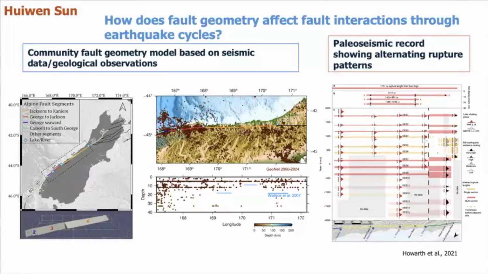Then the middle panel shows you the seismicity along strike and depth. There's also this change in the distribution of seismic activity along depth, and this area actually corresponds to this part of the fault, and this is also where the change in dip is observed.